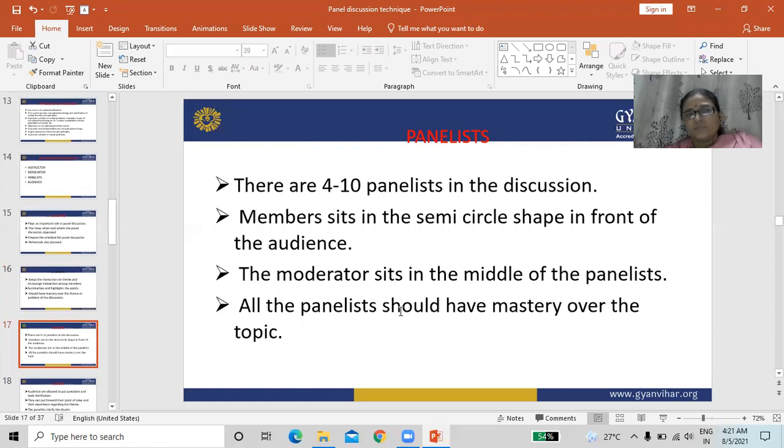Panelist. There are 4 to 10 panelists in a discussion. They are experts on a particular subject, a particular theme. Members sit in a semicircle in front of the audience.